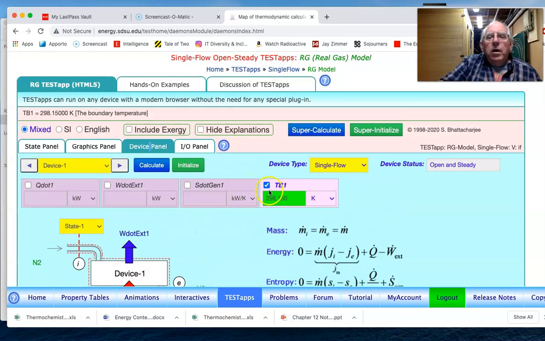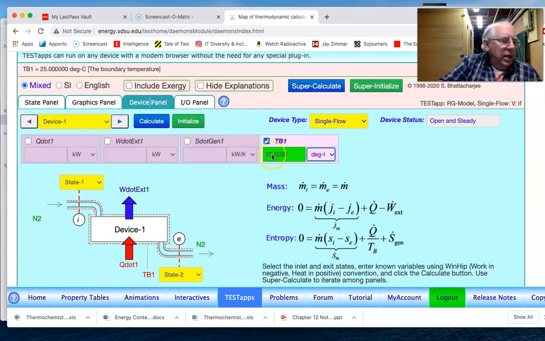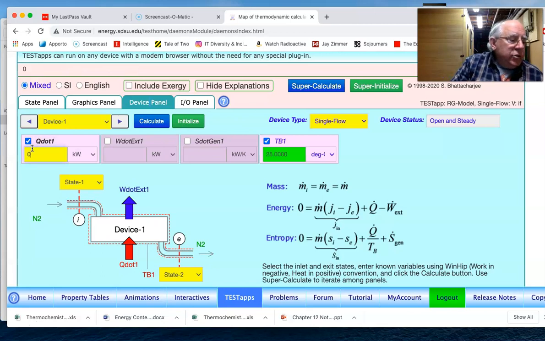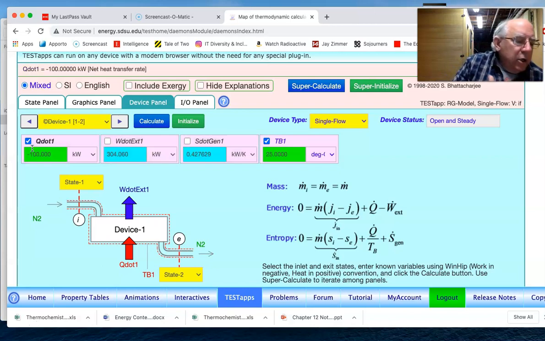And now what we know is that the heat transfer occurs at 25 Celsius. And so that is the boundary temperature at which our heat transfer occurs. This is outgoing heat transfer, so it is a minus 100 kilowatts.